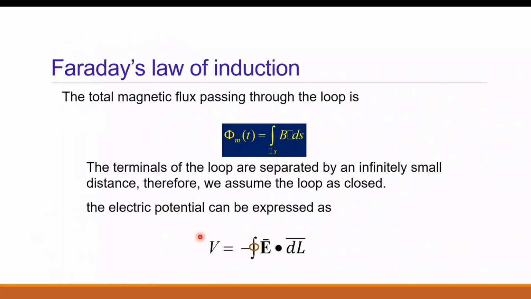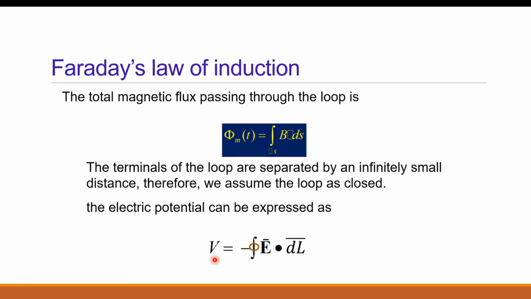The electric potential, we already know this equation. Potential is expressed by V is equal to minus integration of E bar dot dl bar. In the electrostatic field, we have seen the equation for capital V, but that was because of charge Q, right?